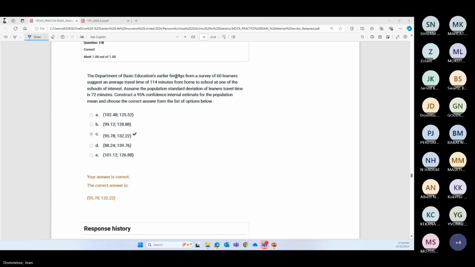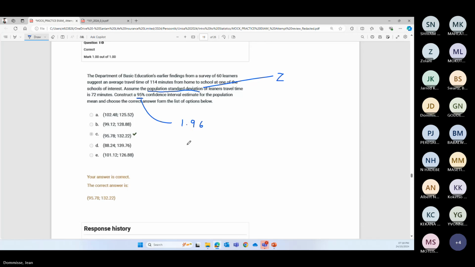So I'd rather get to the ones that we haven't looked at, but here again, let's just quickly look at this. They talk about the population standard deviation, so that means we can work with a Z confidence interval for 95%. Because it's a Z, we can use 1,96.